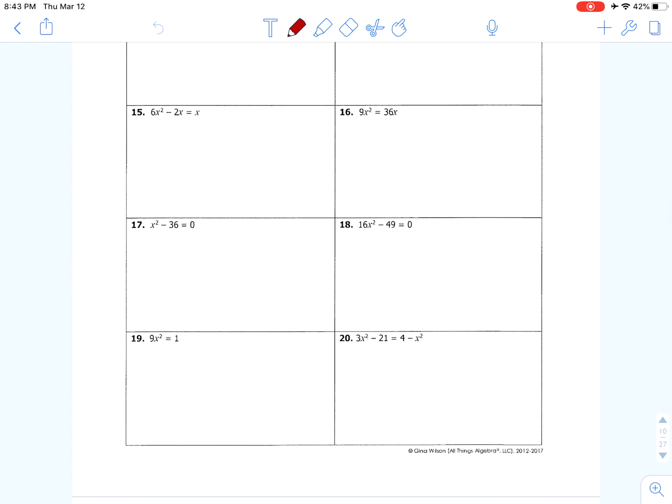Numbers 19 and number 20 are doable, but they're going to make you think a little bit. So I want you guys to try all of these.